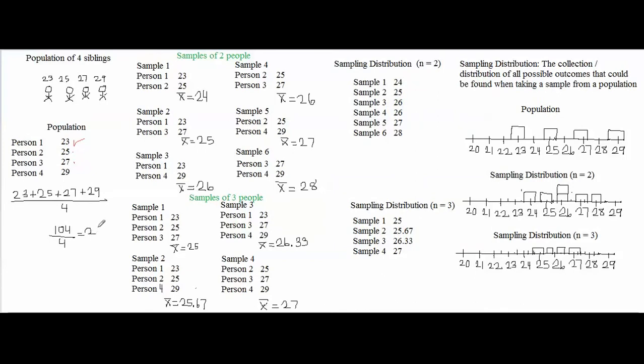So the population mean is 26. Remember, the symbol for population mean is the Greek letter mu. So right here I can say mu equals 26. That's the population mean.